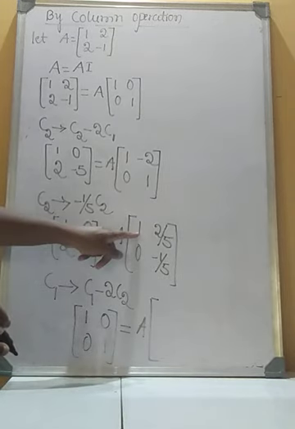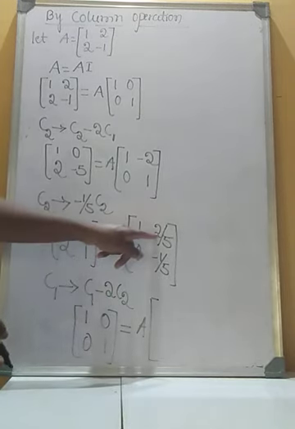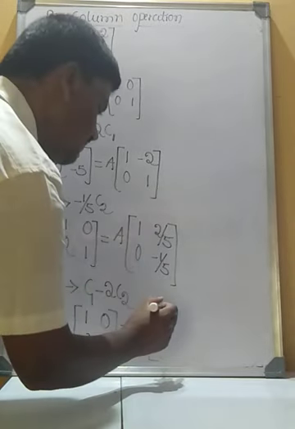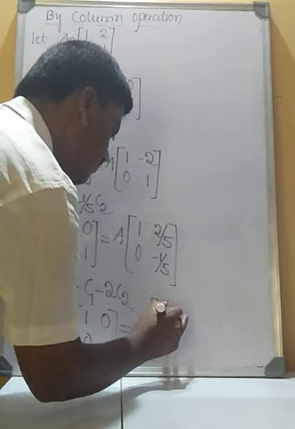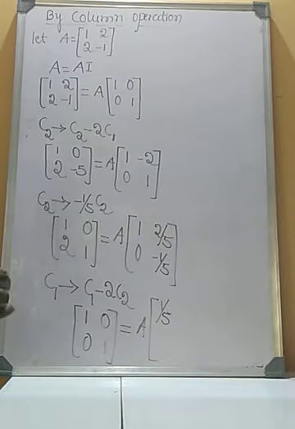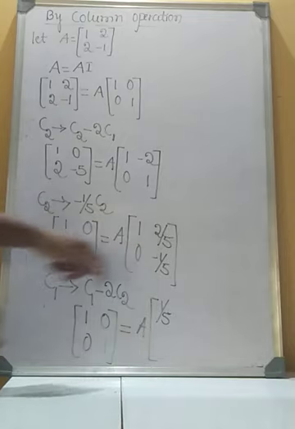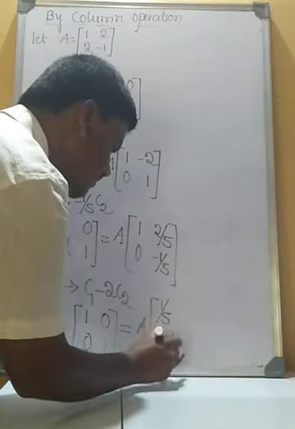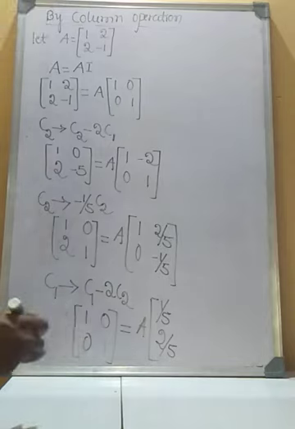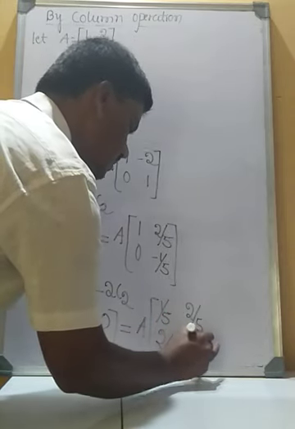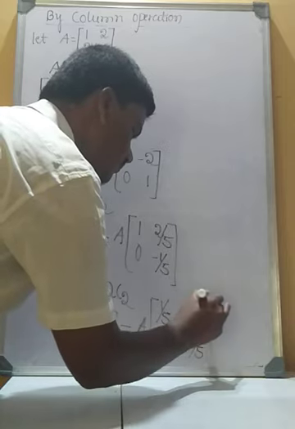C1: 1 minus 2 into 2 by 5, 1 minus 4 by 5 becomes 1 by 5. The next: 0 minus 2 into minus 1 by 5, minus into minus becomes plus 2 by 5. Second column elements 2 by 5, minus 1 by 5.